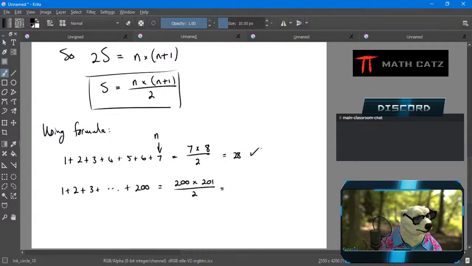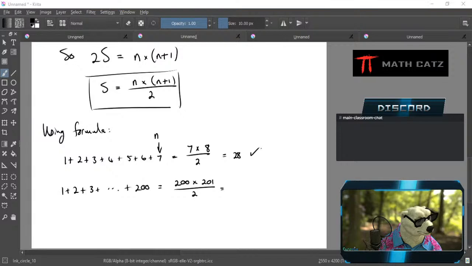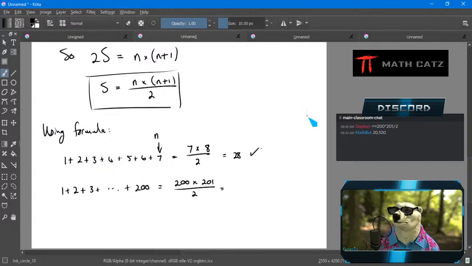Let's see what that is. MathBot says 200 times 201 divided by 2 is 20,100. Didn't know that. So a formula has pros and cons.